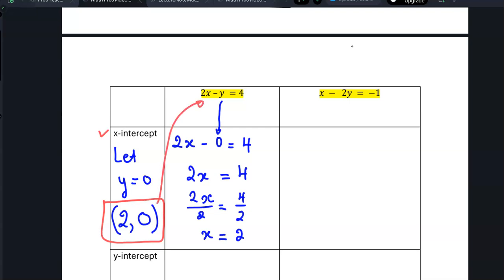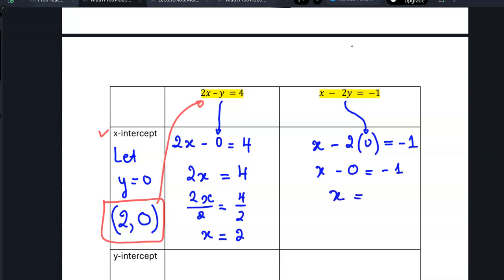Okay. So I'm going to do the same thing for my second equation. So also I let y equal to 0, right? So right here, what I have is x minus 2 times 0 equal to minus 1. So you see that? Okay, so this will be x minus 0 equal to minus 1.